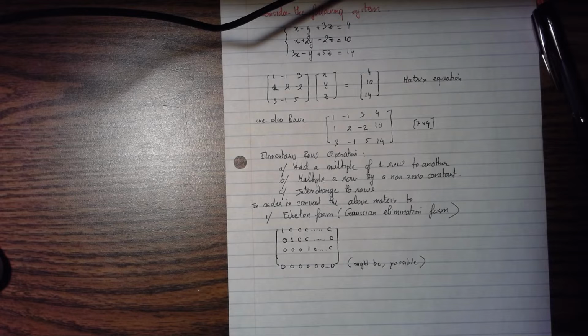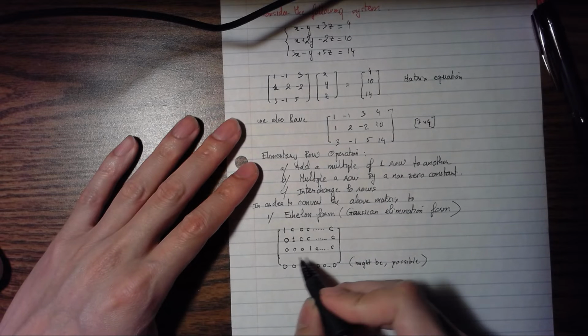If you don't have all 0 at the bottom, then you keep having a non-zero leading entry on the right hand side of the 1 of the previous row.